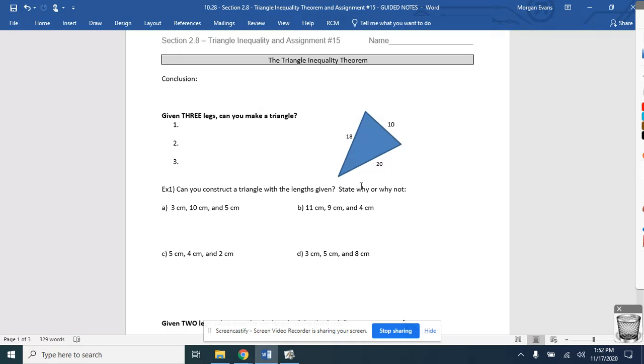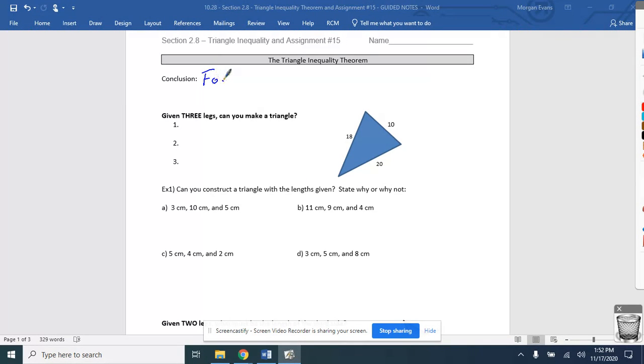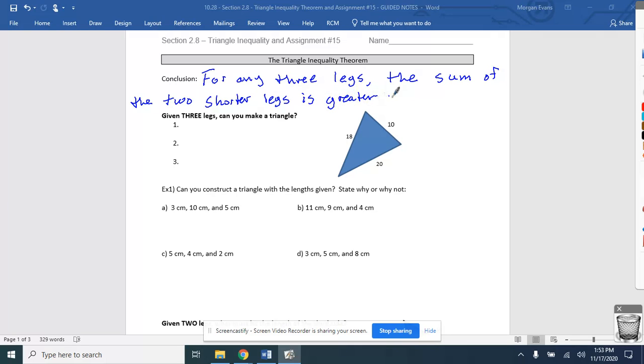First things first, our conclusion for our triangle inequality theorem is that for any 3 legs of the triangle, the sum of the 2 shorter legs has got to be greater than the long leg.